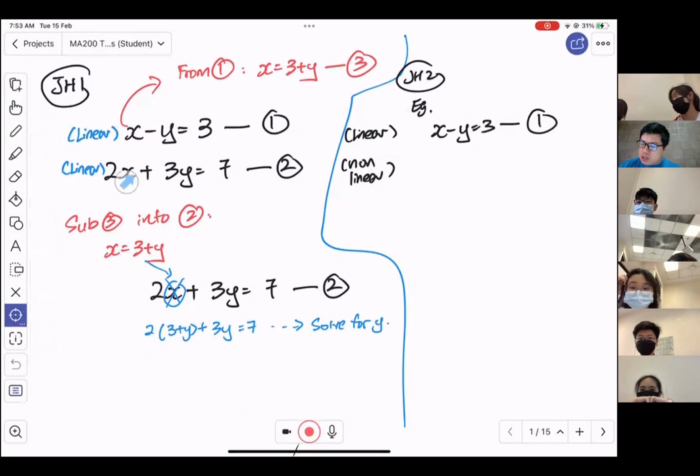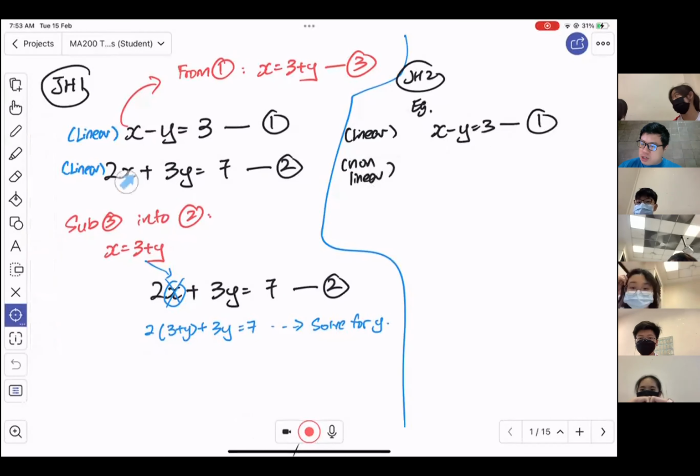In JH2, instead of this, maybe if I use the same one, instead of 2x, maybe I have 2x squared. Instead of 3y, maybe I have 3y squared. So that is the idea. Actually, the difficulty is only increased by 5%.